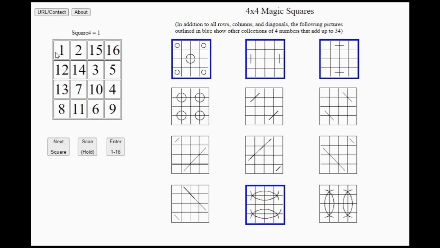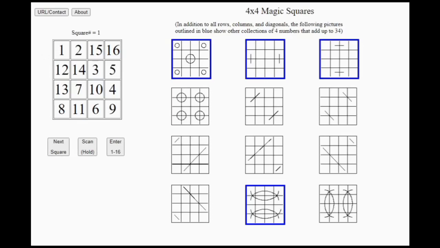Okay, let's now take a look at a much more interesting magic square, the 4 by 4. Now you will see some characteristics of a magic square that appears to be somewhat magical. The magic number for a 4 by 4 is 34.